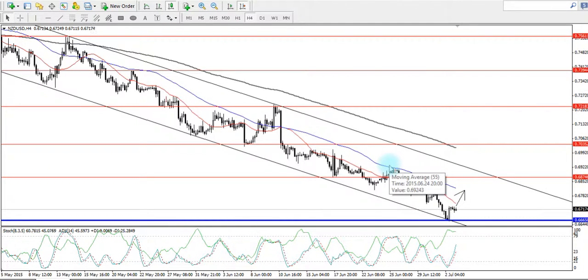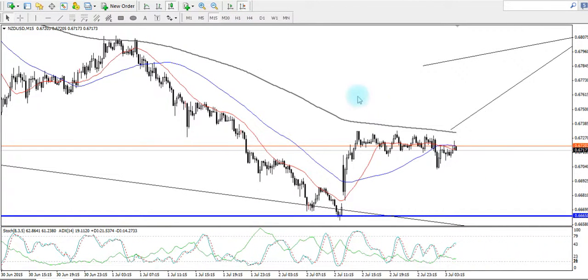Alright, so you may just want to look for some intraday long opportunity right here, but at the same time we are seeing that the volatility has been very low, and today is already Friday, and like I said, there's a lot of uncertainty, and the focus is still on Greece and the eurozone itself.